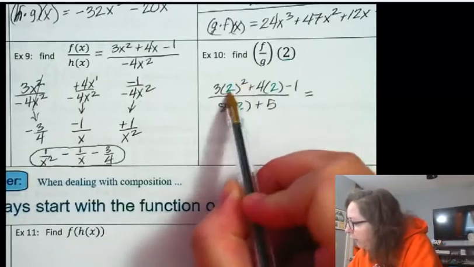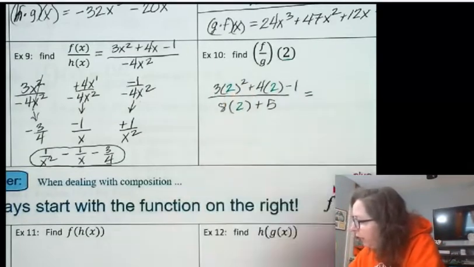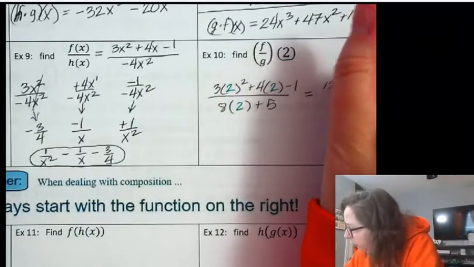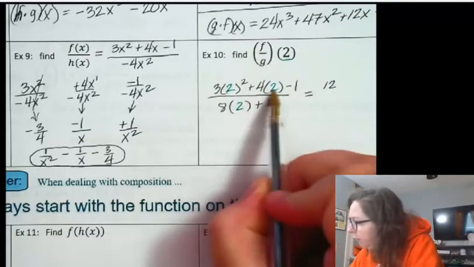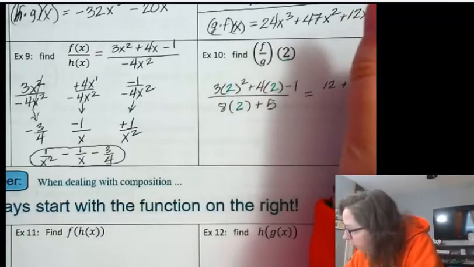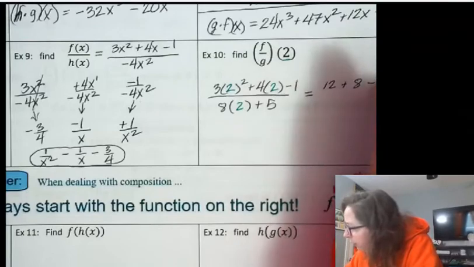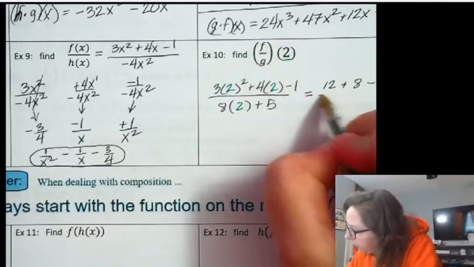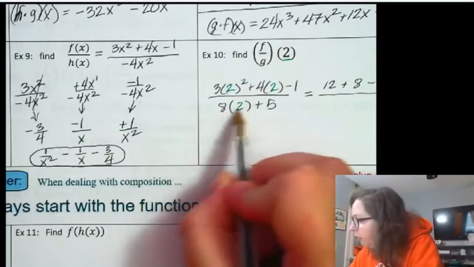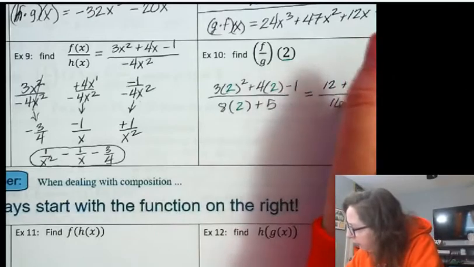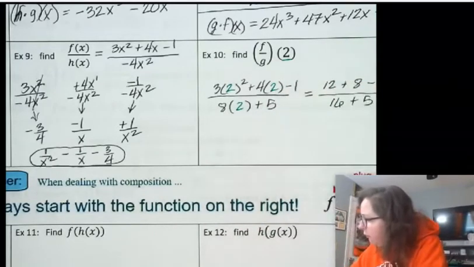So 2 squared is 4. 4 times 3 is 12, plus 4 times 2, minus 1, over 8 times 2 is 16. Bring over the plus 5.